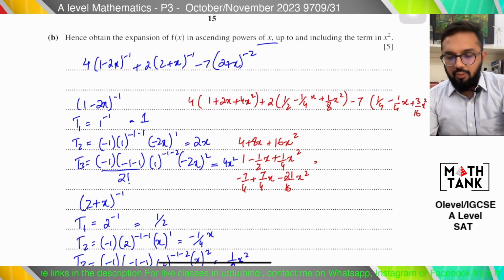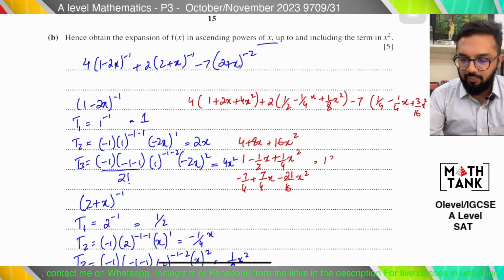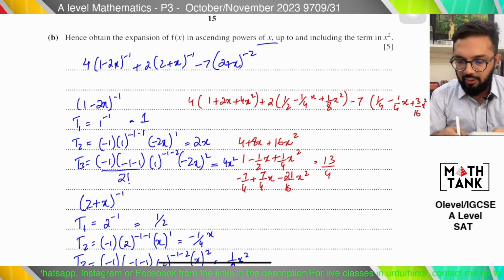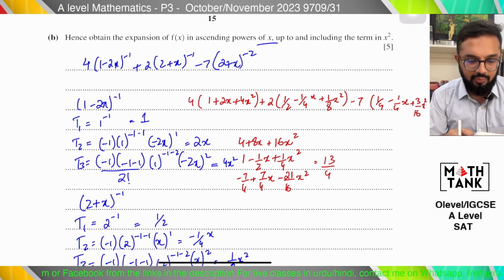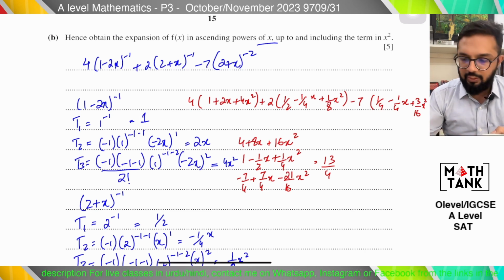Okay, 4 plus 1 minus 7 over 4, 13 over 4. 8 minus half plus 7 over 4, 37 over 4.